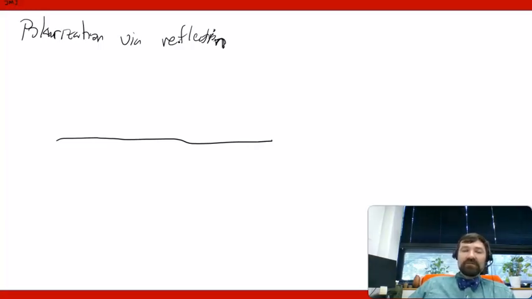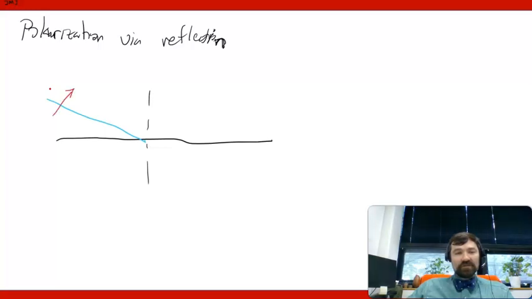Basically, what happens is we have light which is incident on the surface. I'm going to draw that in blue. That incident light can be unpolarized light. That means we expect there to be some polarization in this direction and some polarization along this direction, in and out of the page, for example.